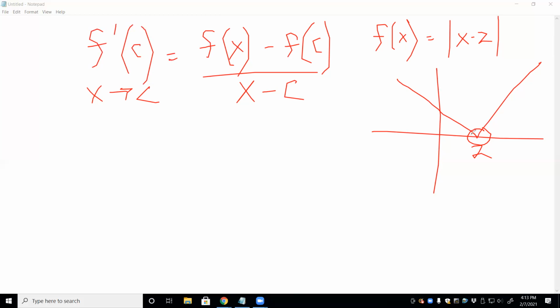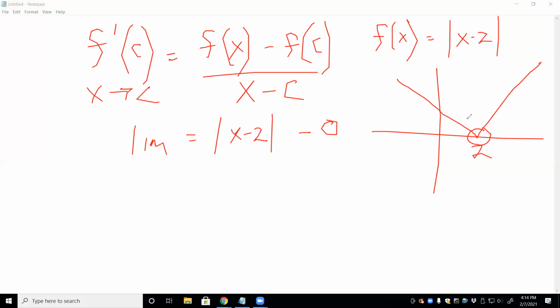And if I take the first derivative of the left side of this, I get the limit of, well, f of x is x minus 2 minus 0, minus f of 2, right?